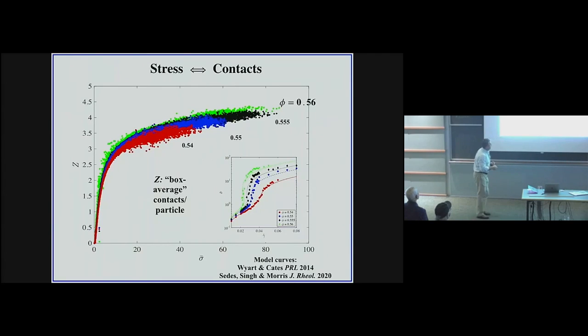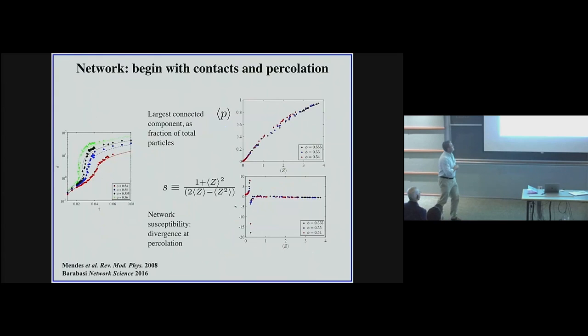And so these curves, the solid curves, are actually from the Wyart-Cates theory. For those who aren't familiar, this is a two-state theory which has been very successful in describing this picture that we're simulating. And so we've laid out how we address getting those curves in a separate paper. So there's quite a significant difference in the rheology of these different curves, but there is a unique relationship for any volume fraction of Z versus sigma stress.